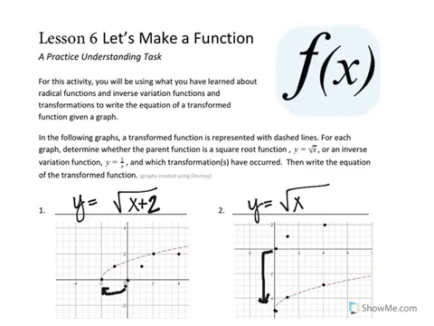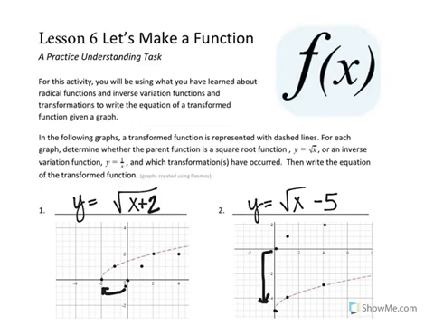So I just moved, in this case, down 5. Recall that that's going to be a change outside the parenthesis or the radical. So this is going to be the square root of x minus 5, since we moved down 5 units.